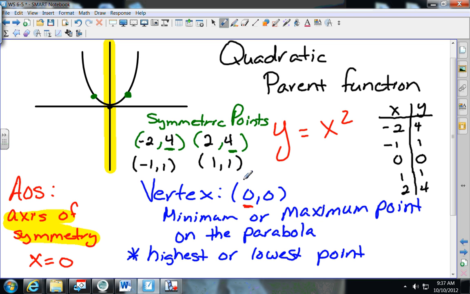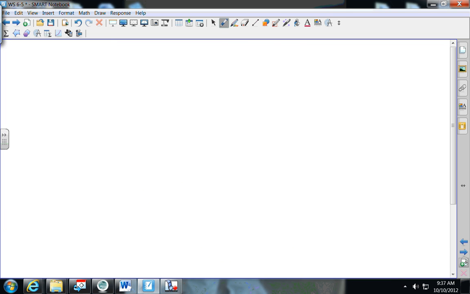In this unit, we're going to be doing a lot of comparing to the quadratic parent function. Now, there were some other things we've done with our equations. Quadratic equations are written in the form y equals ax squared plus c. This is the official equation for the quadratic parent function.